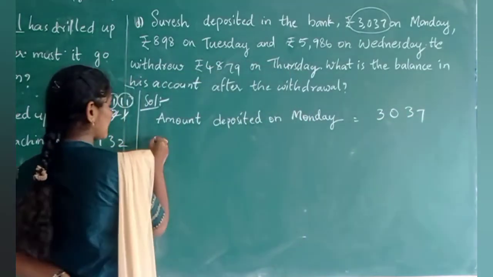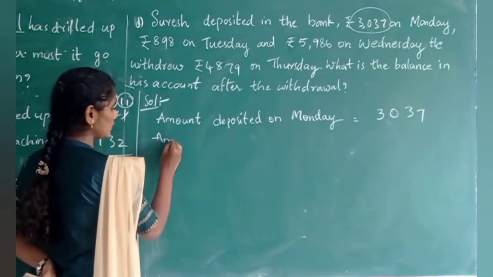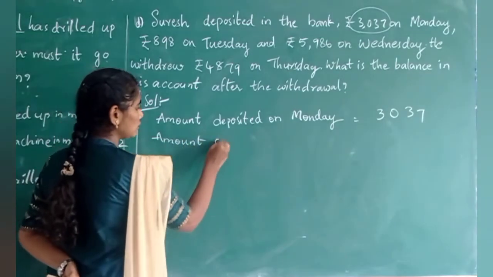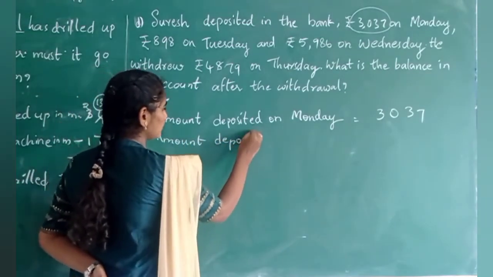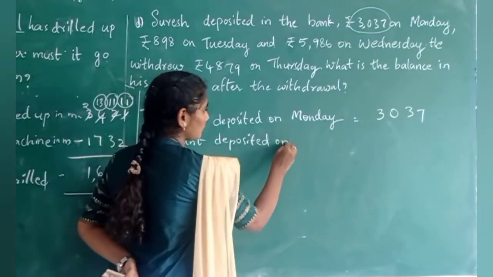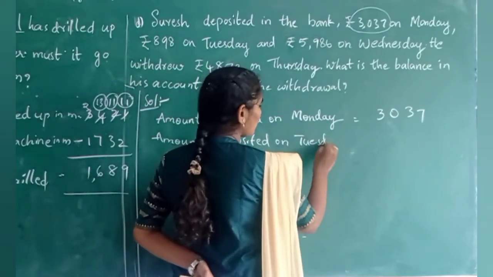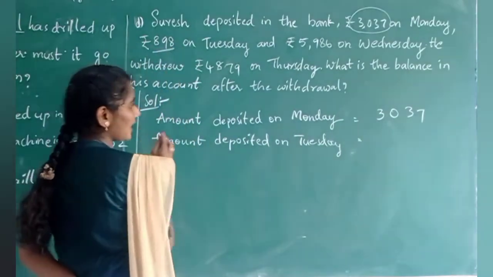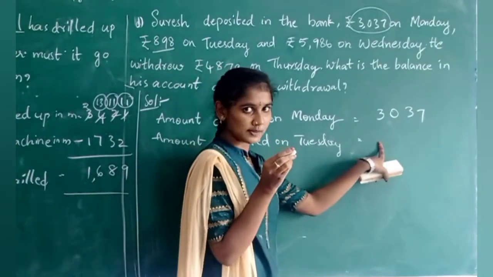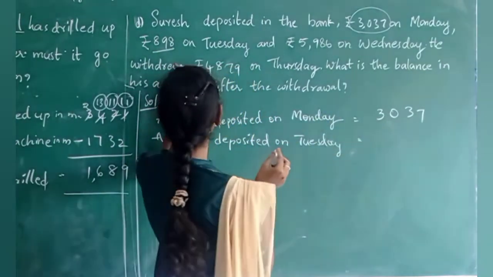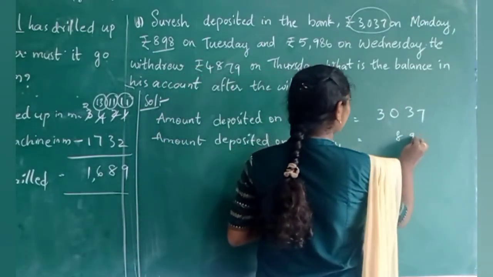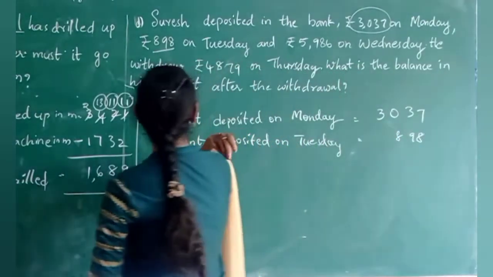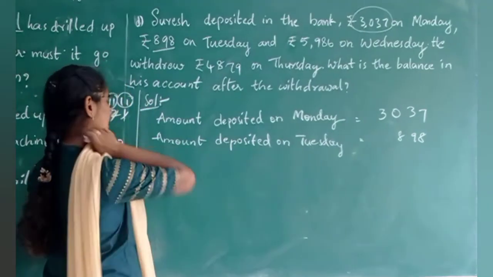The same step on Tuesday: the amount deposited on Tuesday is in hundreds, 898. We have to start from the hundreds place.